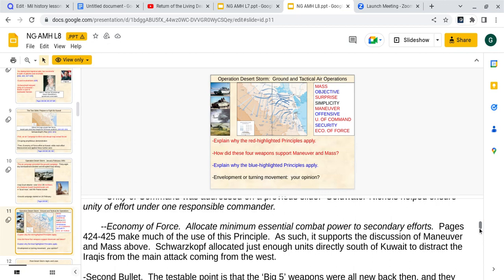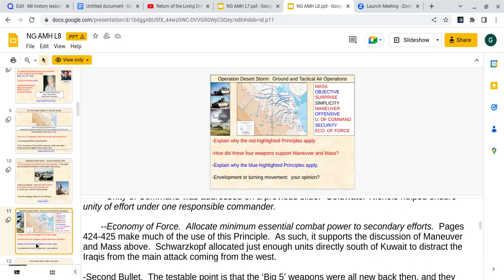So you're strategically placing better numbers of people according to which task is the most important or most challenging task. Economy is the word used here because you're trying to be strategic and you're being wise about where you're placing units and what size units you're placing in that area.